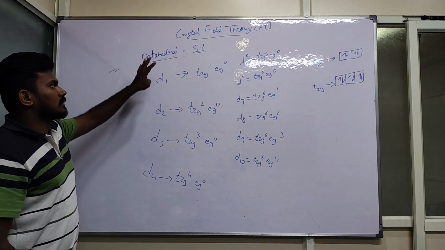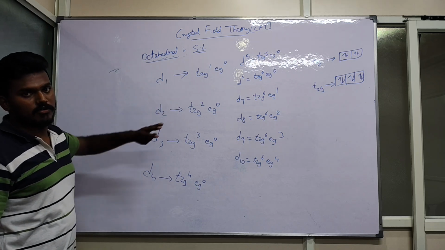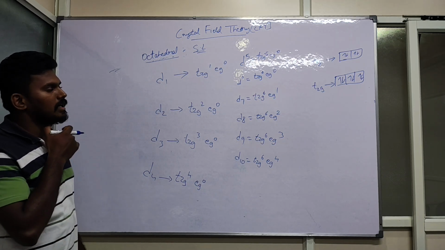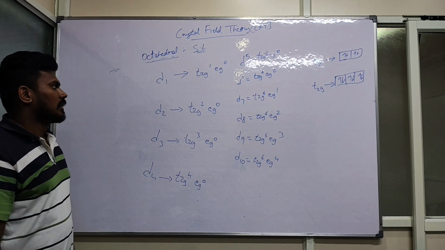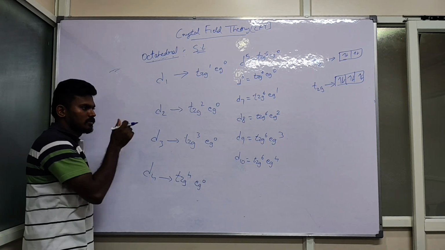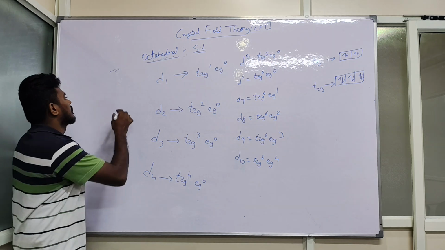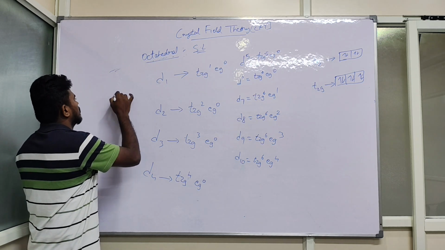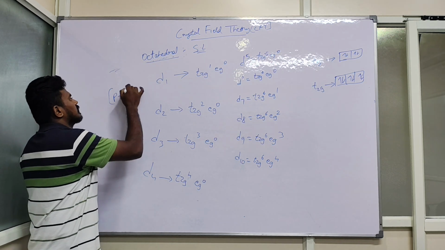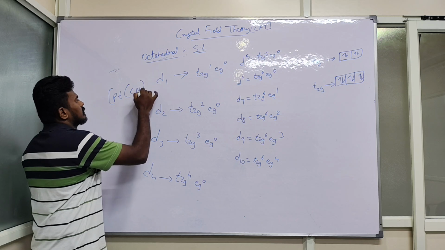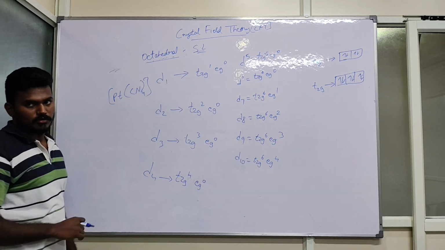So based on this configuration, questions can be asked in your competitive exams. Or they might give you a complex which has a strong ligand. For example, consider platinum with a CN ligand of 4.